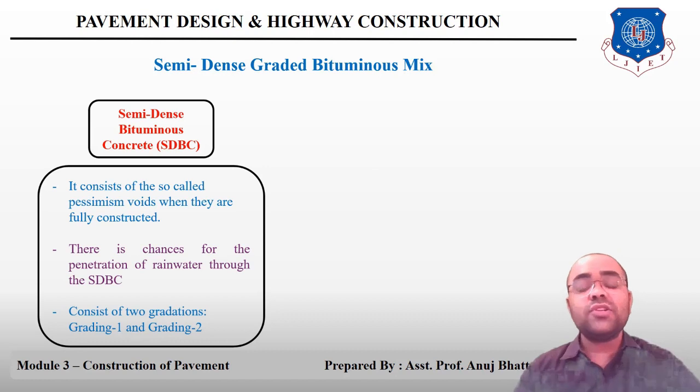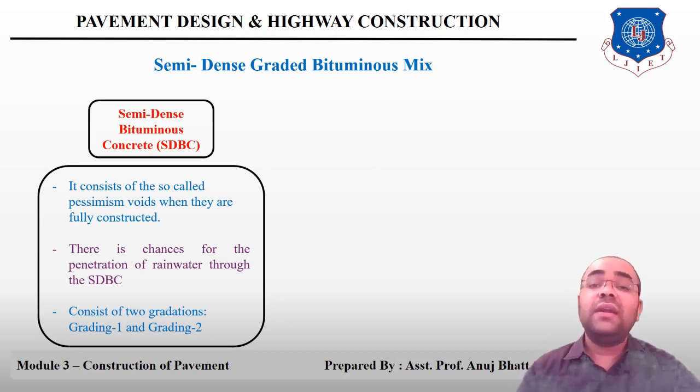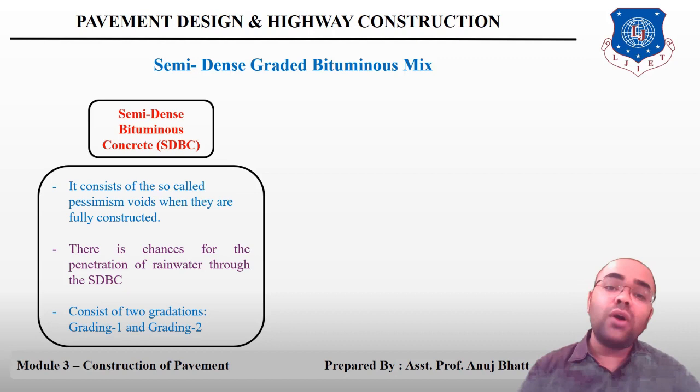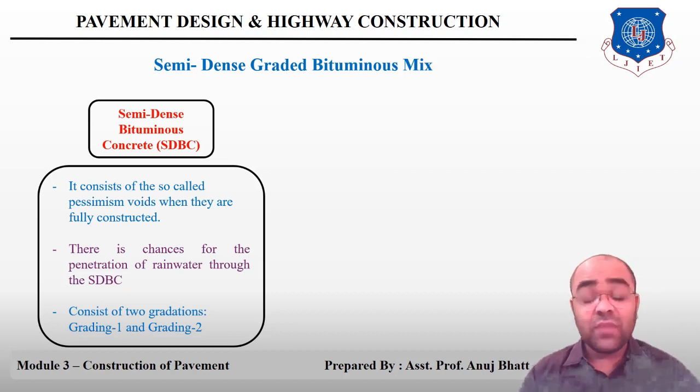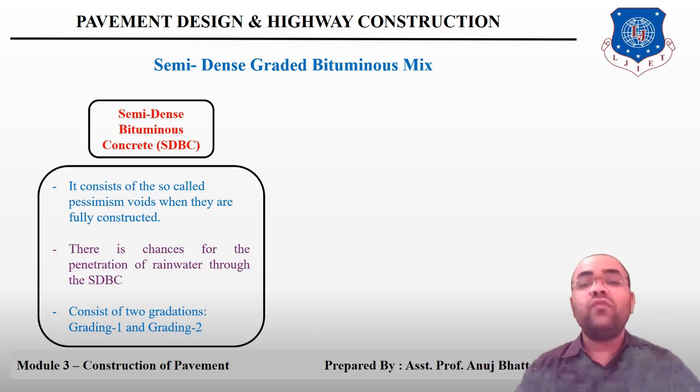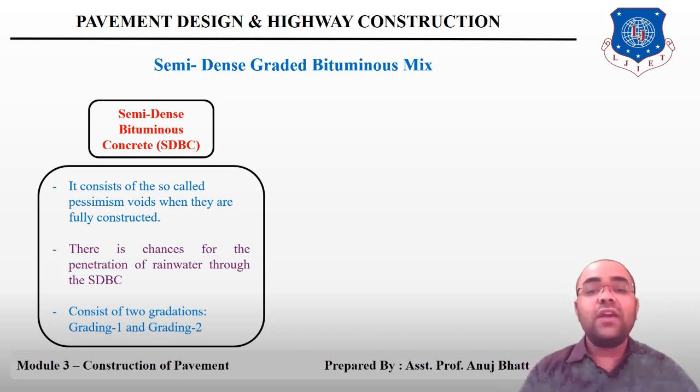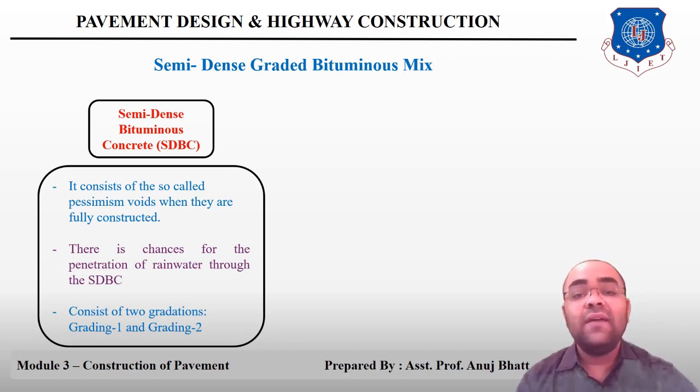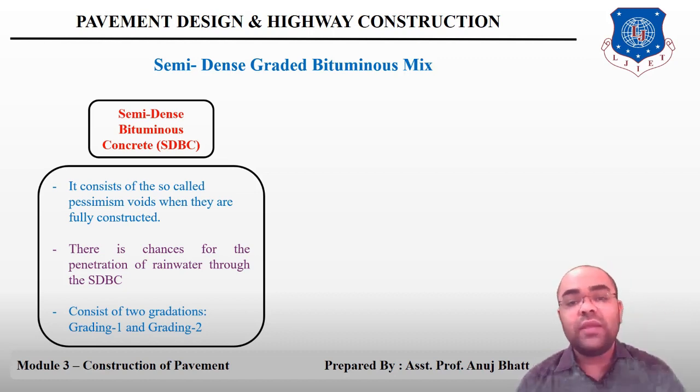These mixes have neither dense nor open graded characteristics. This consists of so-called pessimum voids when they are fully constructed. It is advisable to make the mix get rid of pessimum voids. This tends to capture the moisture or the water that will later cause the stripping.